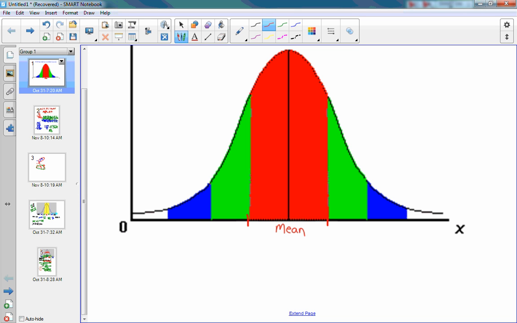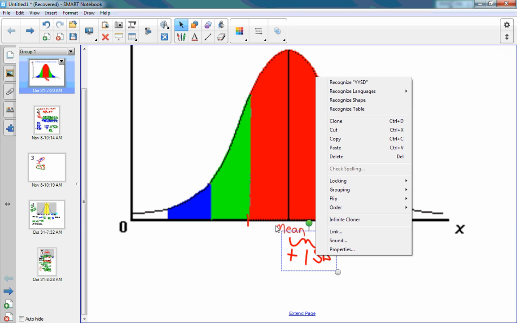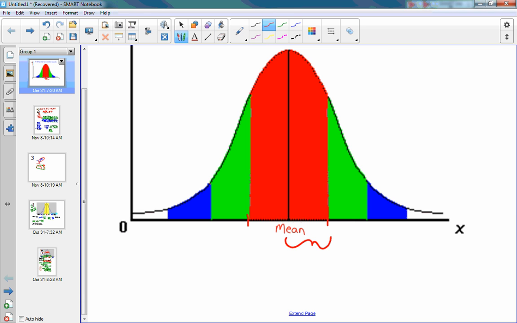So you're going to take the mean and add one standard deviation, plus one standard deviation. And then to go this way, you're going to subtract one standard deviation.